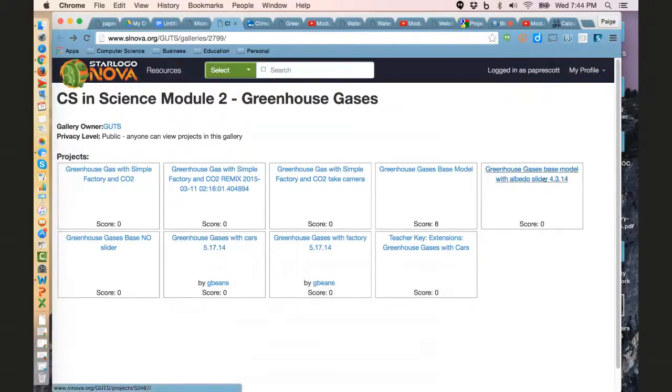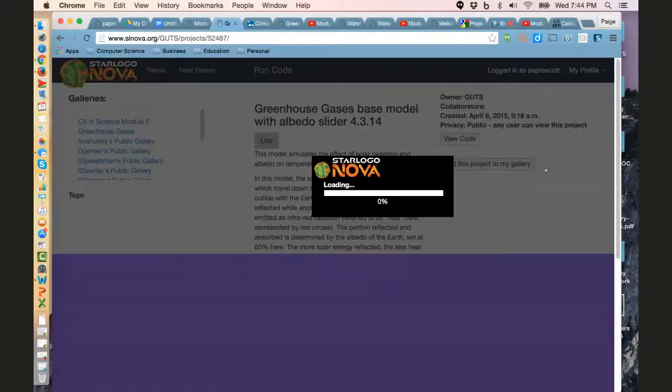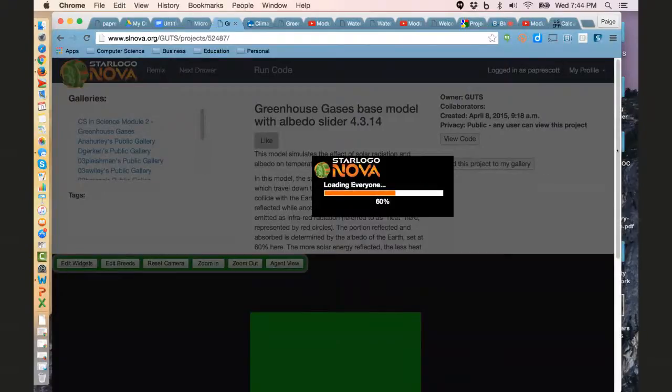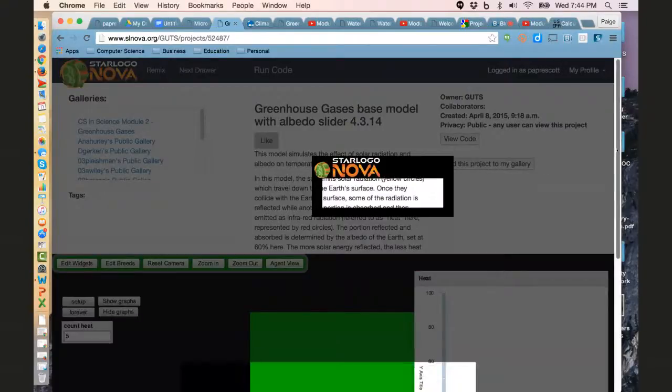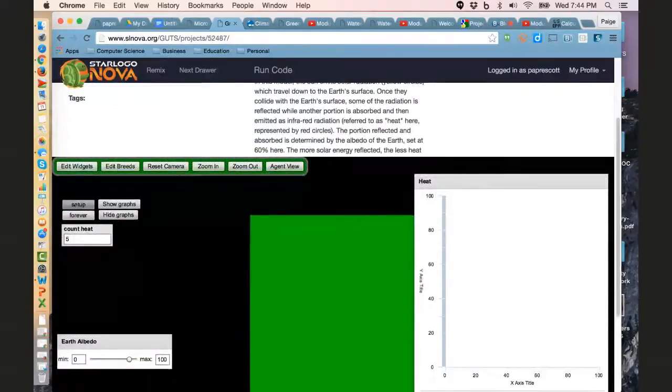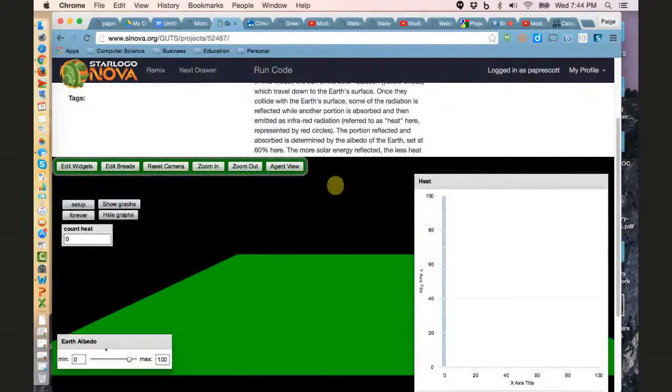We have the albedo effect, so adding the absorption or reflection of solar energy is a great one to go through. And we can increase the albedo or decrease it, and they can take a look at that.